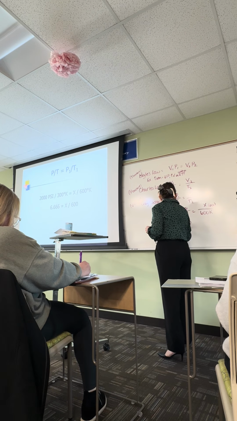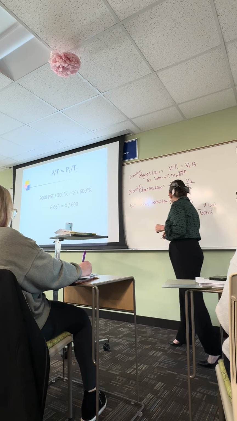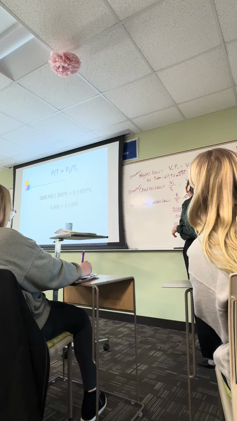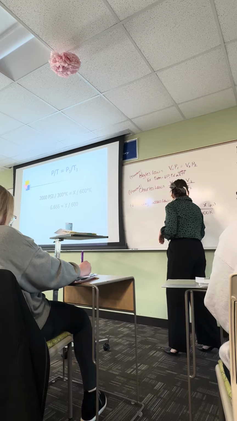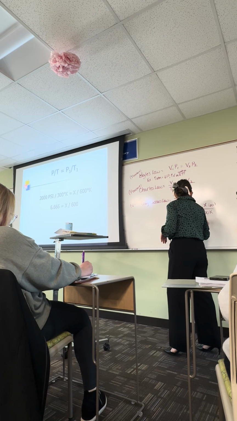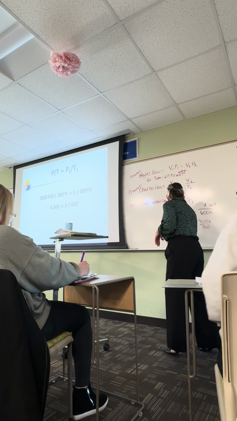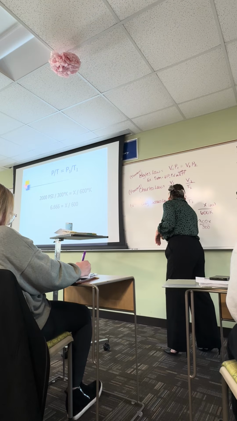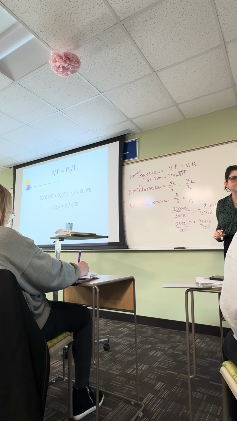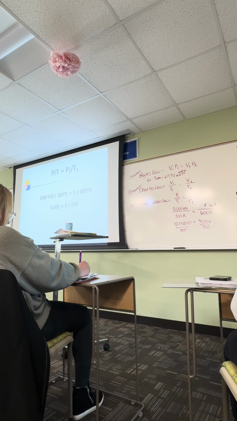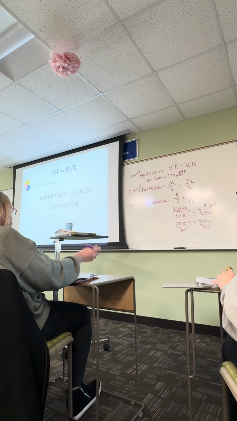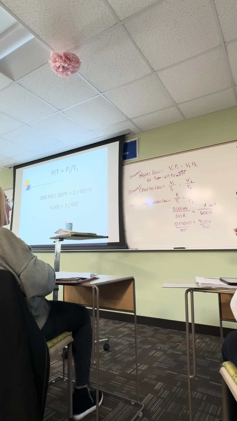Equals 300x, so then divide that by 300. 4,000. Did you cross multiply? I did. And I just did it in my head, because it was 1, 2, 3, 4, 5 zeros.